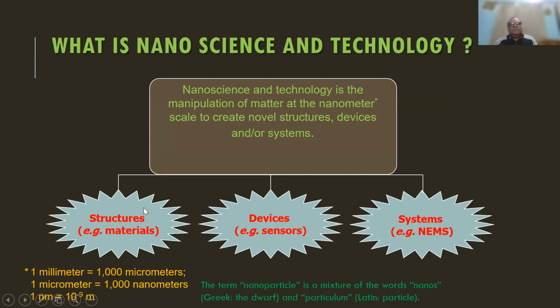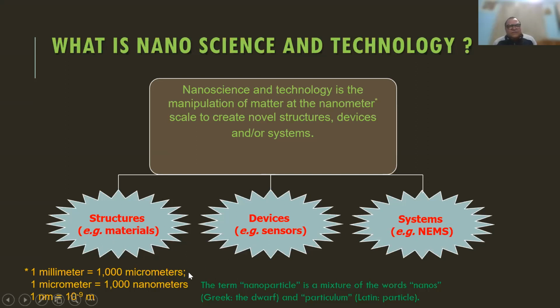It may be metal, oxide, chalcogenide, quantum dots, carbon dots, etc. Then devices are the things which we design through the structures. We deal with the structures, we come to devices, and then we come to the systems, nano electromechanical systems. So these are the three stages: we grow from structures to devices, and then we reach the systems.